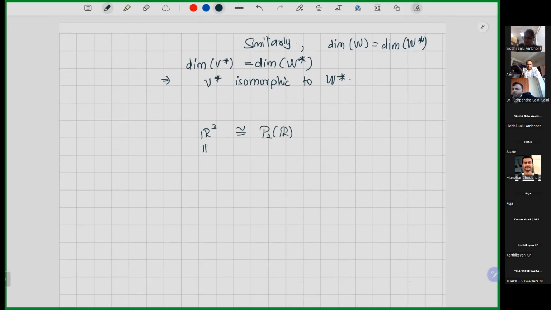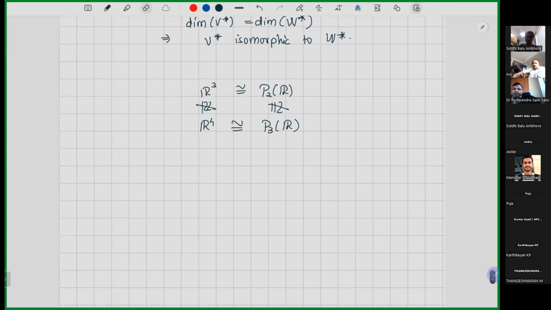This is not isomorphic to R4. I'm just giving the argument. This has nothing to do with V and V star. But these two are isomorphic because they have the same dimension. So that dimension argument will not be useful here.